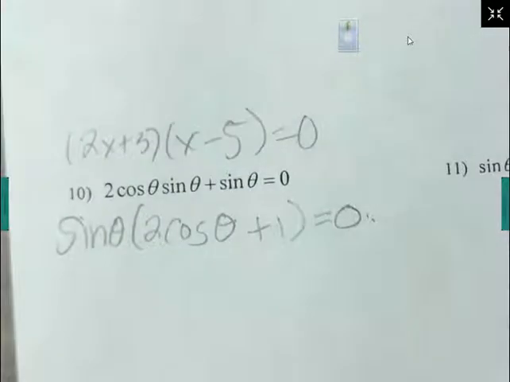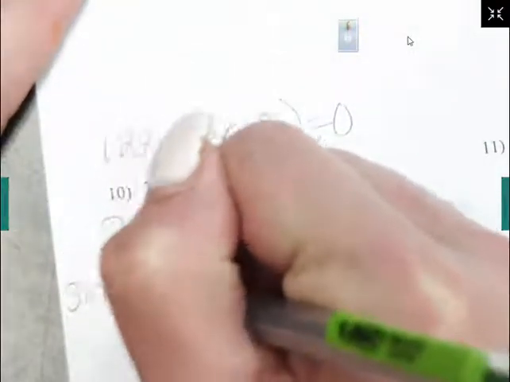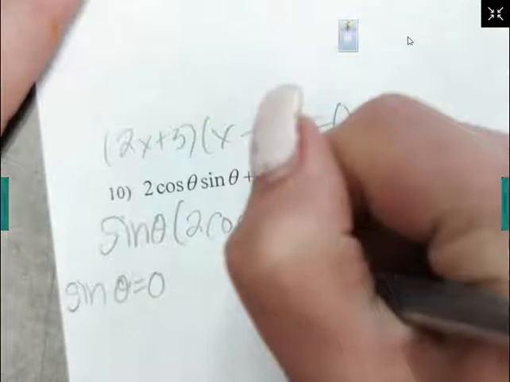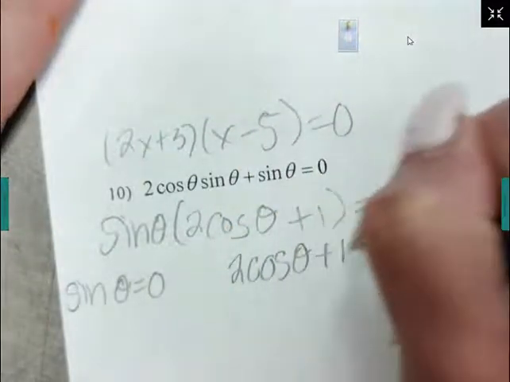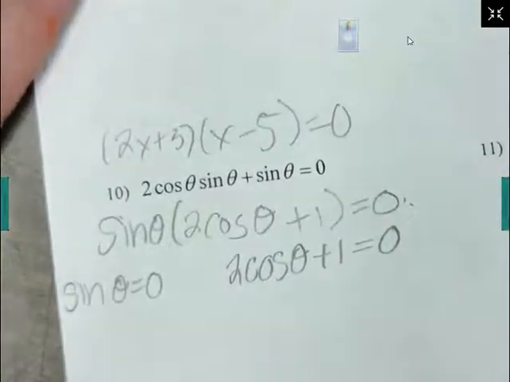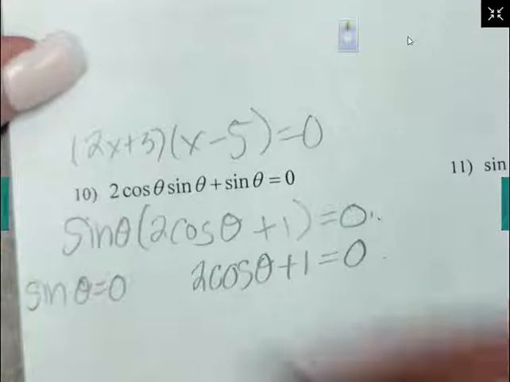Do you see that we now have two different terms? We're going to set each of these terms equal to 0. So we'll have sine of theta equals 0, and then we'll have 2 times the cosine of theta plus 1 is equal to 0. Exactly what we did on Friday.